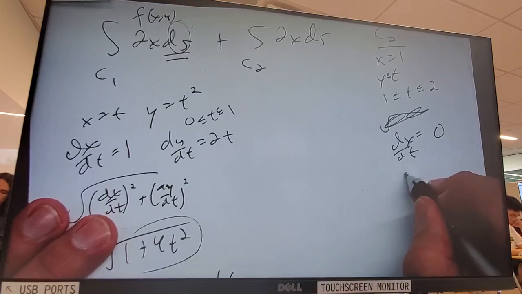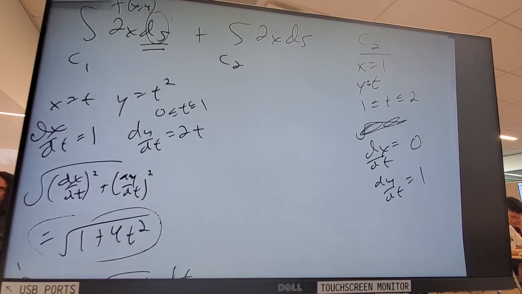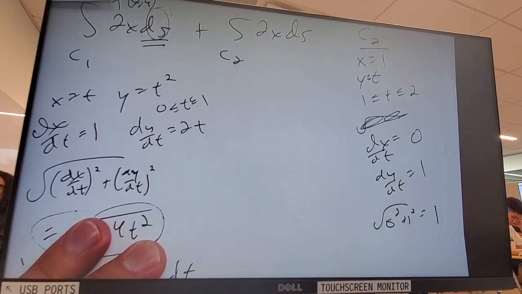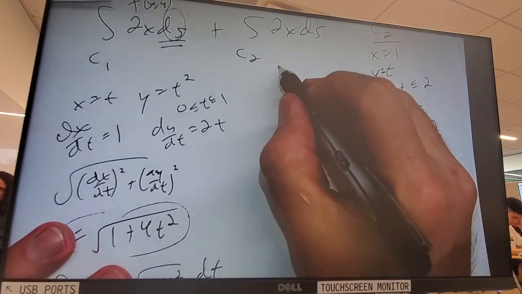This is nice, 0. And what's dy dt? 1. So the square root of 0 squared plus 1 squared is 1. That kicks so much ass. So ds just becomes 1 dt. Is everybody understanding? So this is the square root of 0 squared plus 1 squared, which is 1, dt.